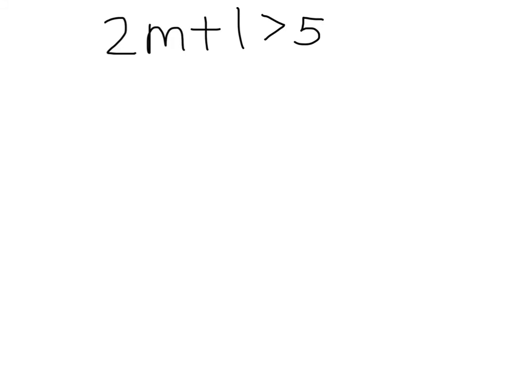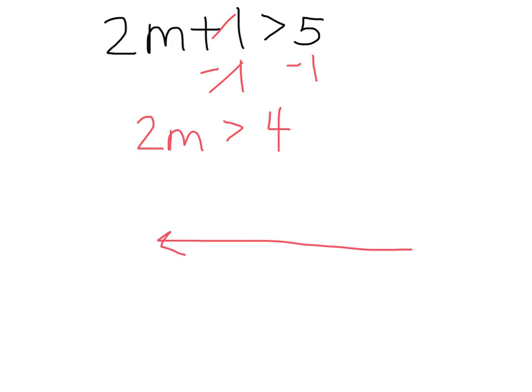I would begin by subtracting 1 from both sides, or adding -1. This would make the +1 and the -1 on the left cancel out, leaving you with 2m is greater than 4. I know that 2 times 2 is equal to 4, so my boundary point is 2.